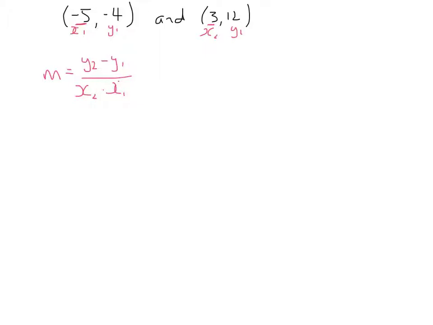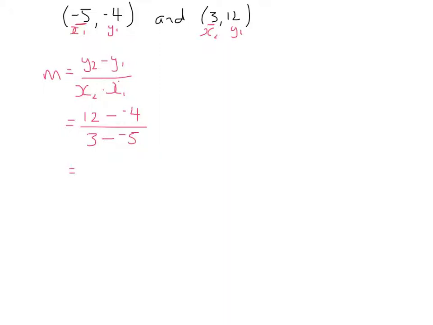So now what we can do is we take this equation and we substitute the values in from our coordinates. So y2 minus y1 will be 12, take away -4, divided by 3, take away -5, which that will equal.